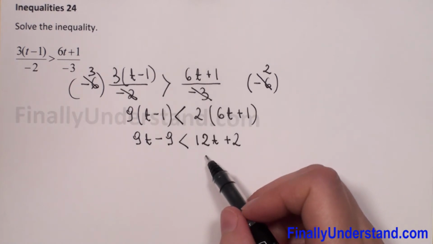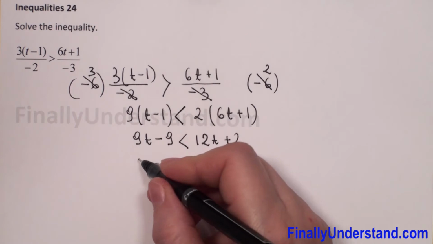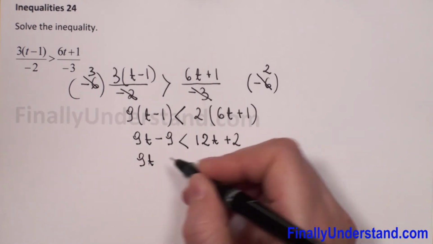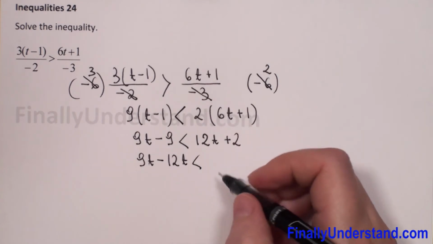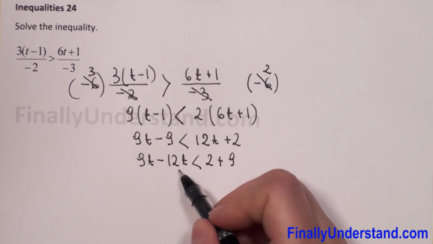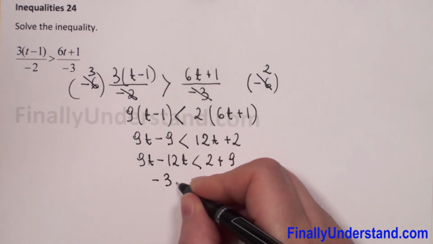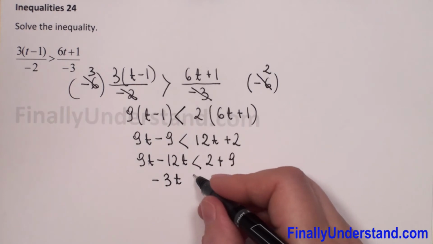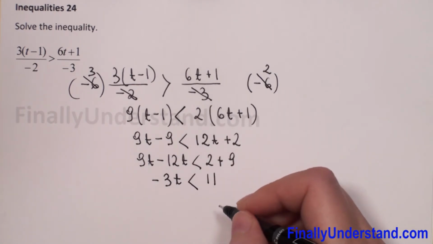Now I will collect all terms with t on the left side. So I have 9t minus 12t is less than 2 plus 9. 9t minus 12t is negative 3t, is less than 2 plus 9 is 11.